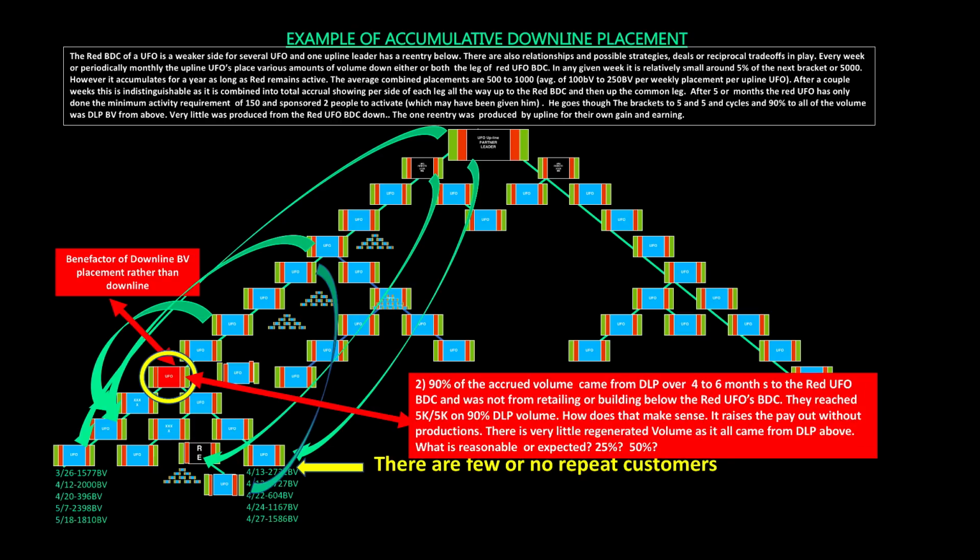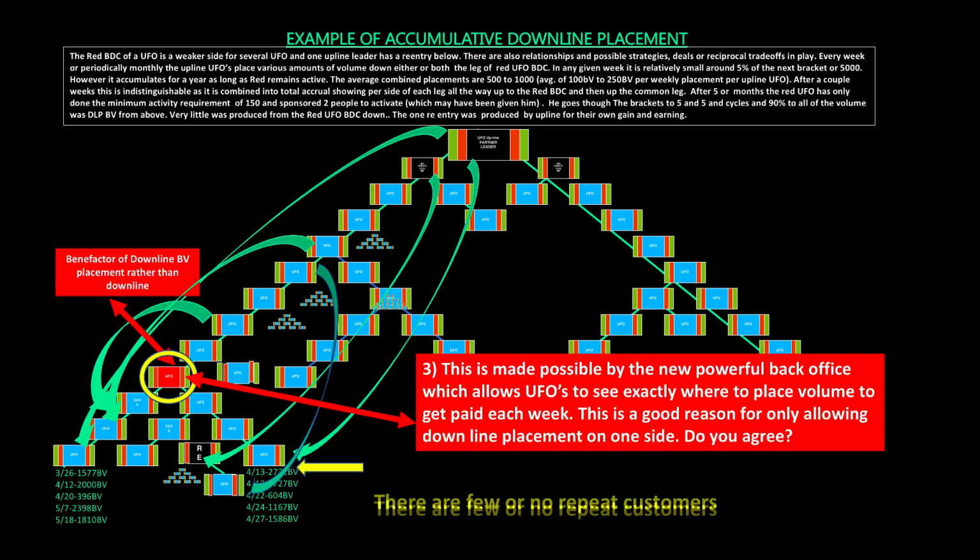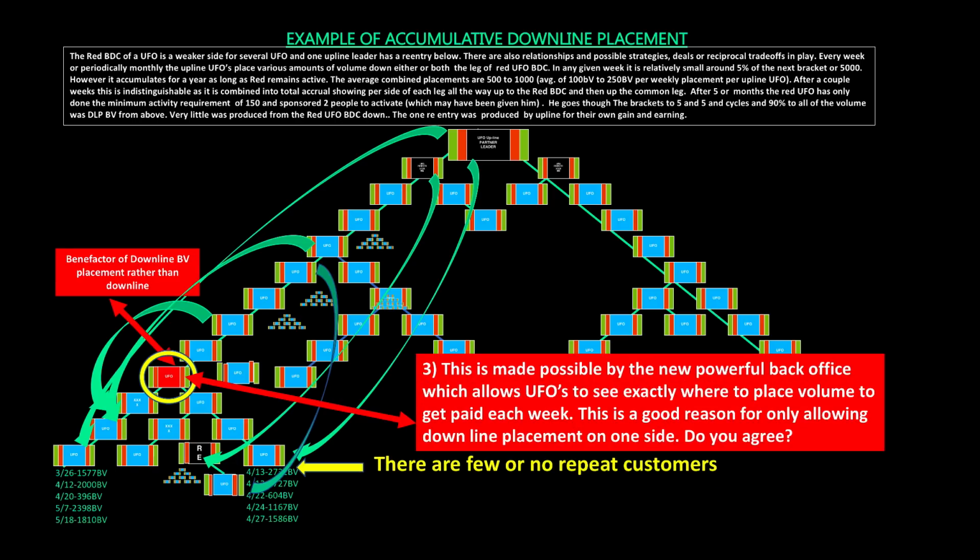So 90% of the accrued volume came from above. That just doesn't make any sense. This is only made possible by the new powerful back office and being able to see exactly where to place volume week by week. And there's good reason for only allowing downline placement on one side. Do you agree? Do you see why?